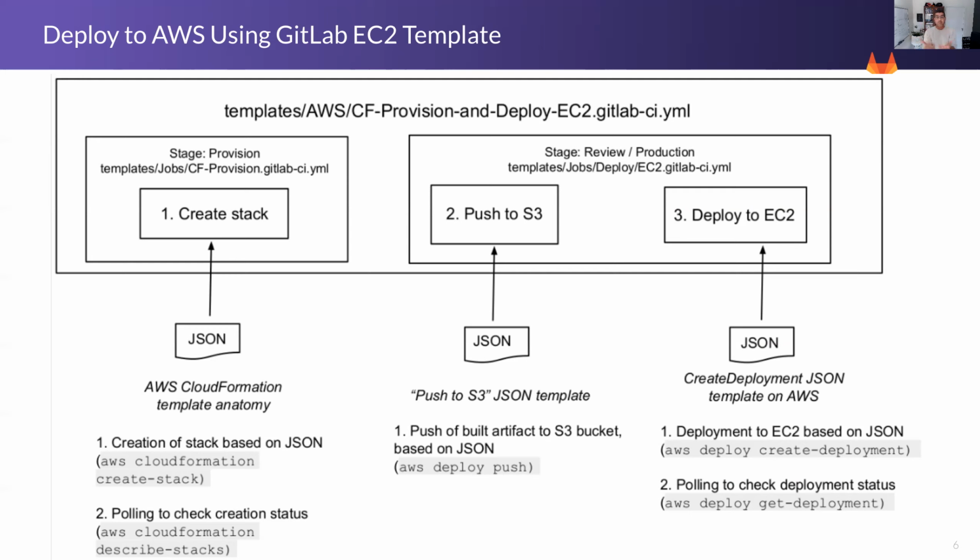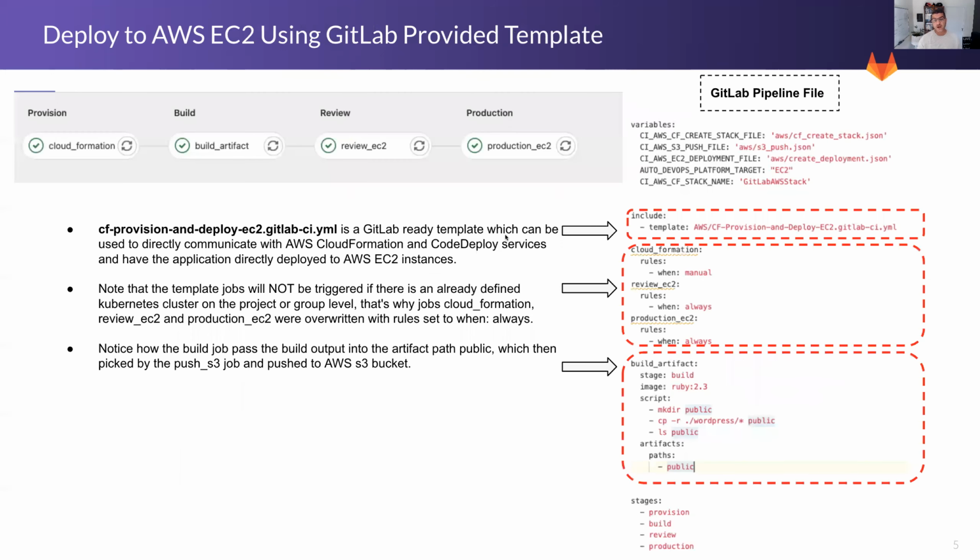It will wrap whatever is available for deployment and push it into a target S3 bucket. And the question here is what it will wrap. I will tell you, it will wrap whatever you have in this public folder. This is where the code is available for being deployed.